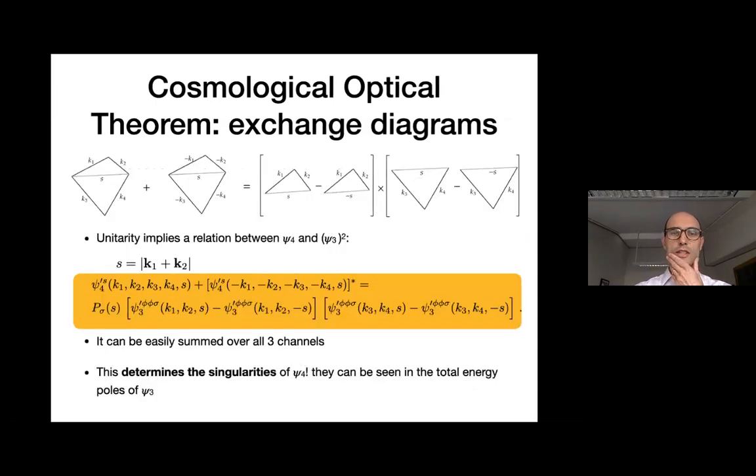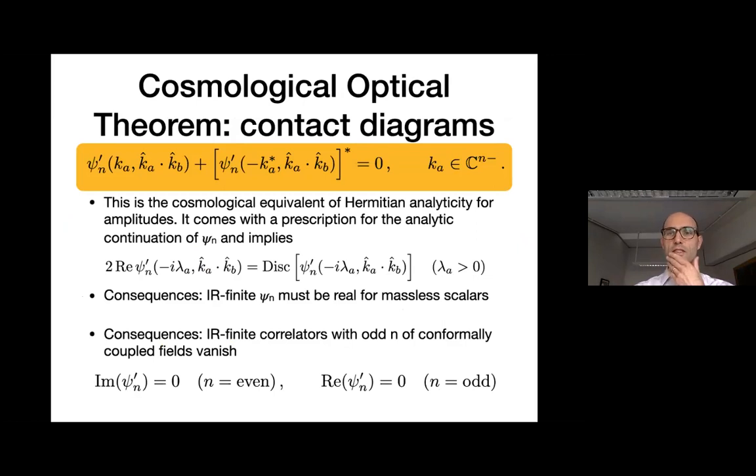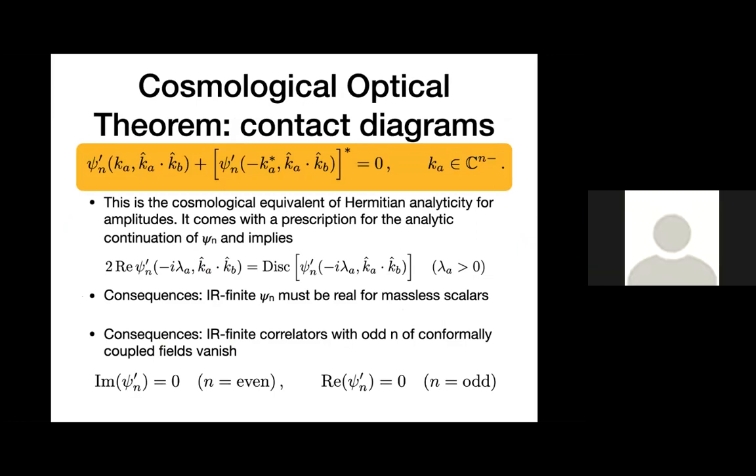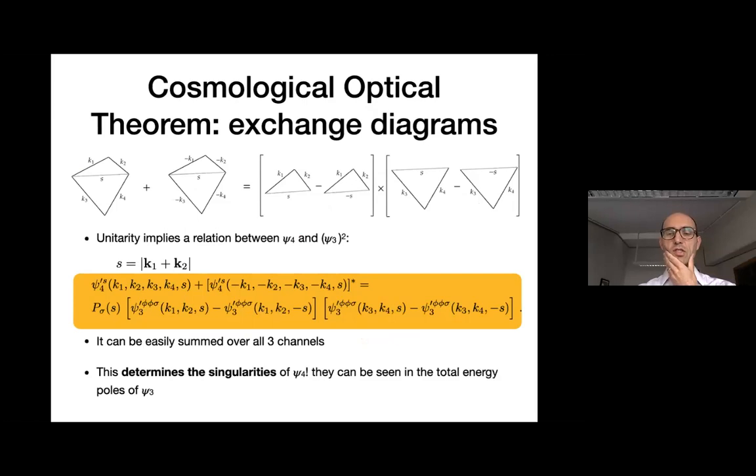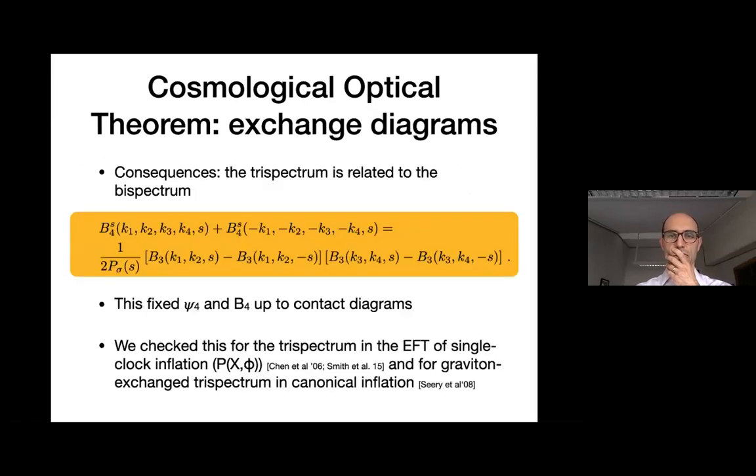So you see contact was here, and there is basically 0 on the right-hand side. And if it is not 0, then I call it exchange. Very good.